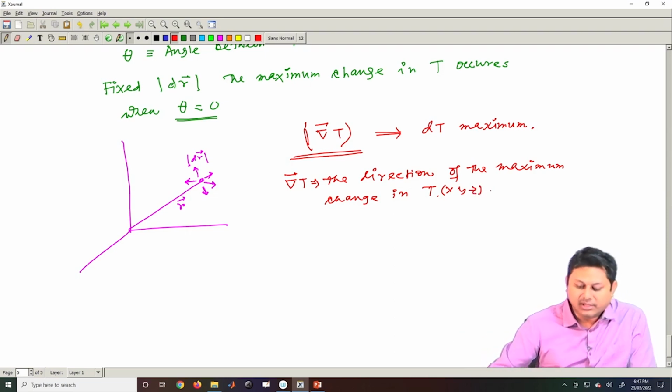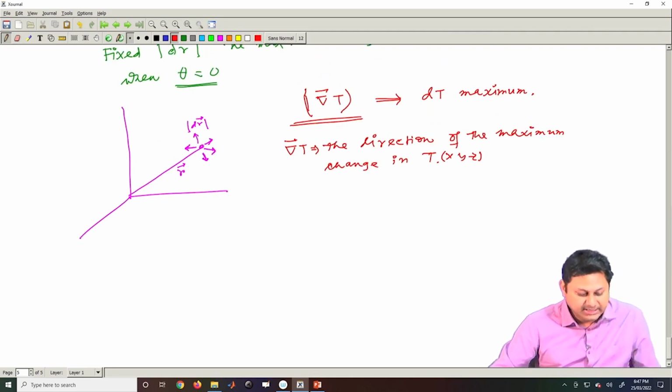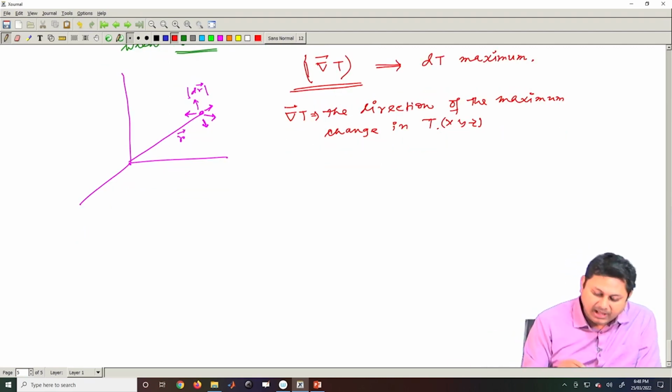Now, I want to find out along which direction this T is changing in a maximum way. So, if I calculate this gradient of T, that quantity eventually gives me the direction along which the change is maximum. I can give a quick example here.